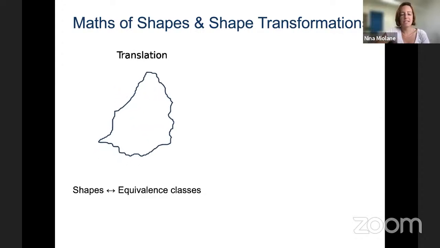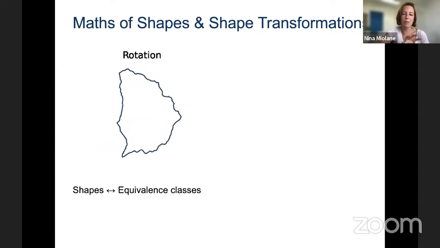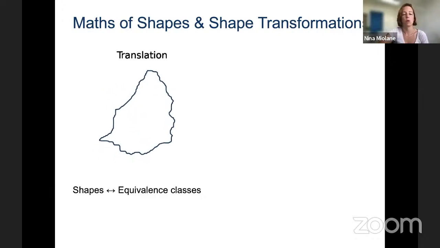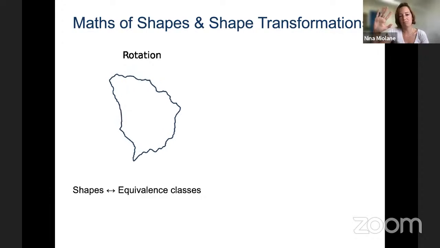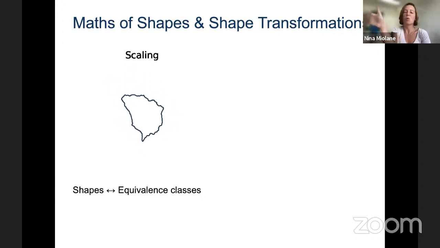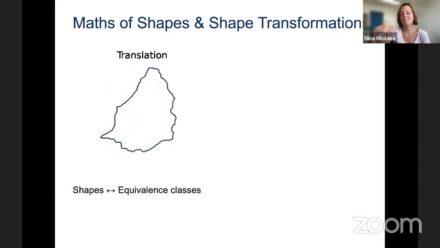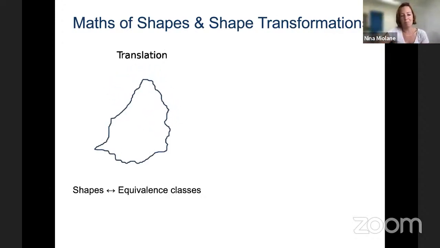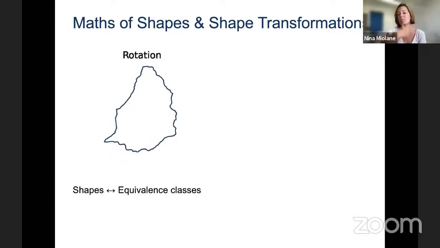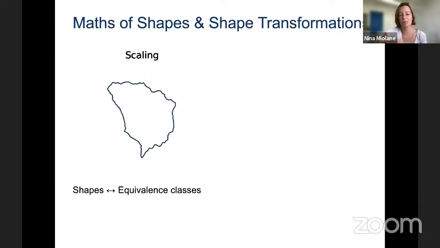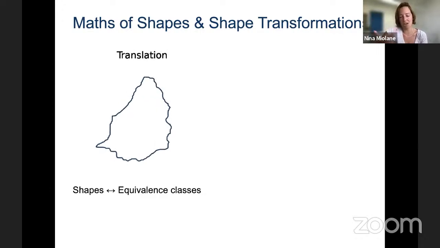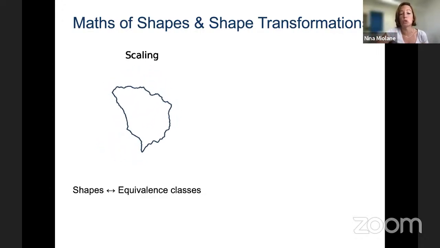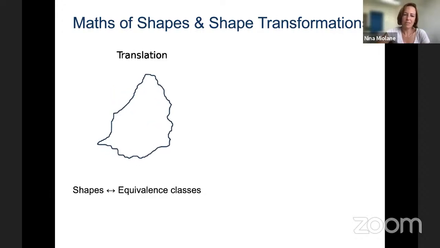But let's say for this presentation that these transformations are the ones that do not change the shape. So when we translate a shape, that doesn't change the shape. When we rotate the shape, it doesn't really change the shape. And then the scaling, depending on the application, can be considered shape or not shape. Here in this case, we're going to consider that rescaling a shape doesn't change the shape itself, that the shape is not tied to a notion of size.